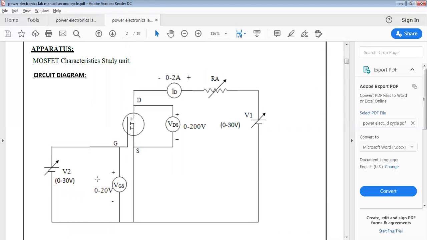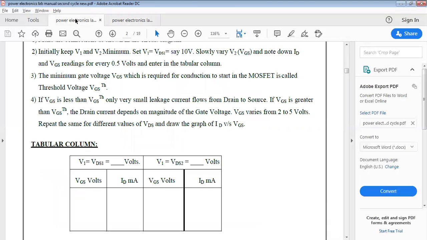For every 0.5 volts increment in VGS, the voltage across gate to source, I am measuring the current through the drain. That has been shown here in the tabular column. At the top, you can see V1, the voltmeter across the MOSFET, also called VDS1 for the first iteration, and VDS2 for the second iteration.